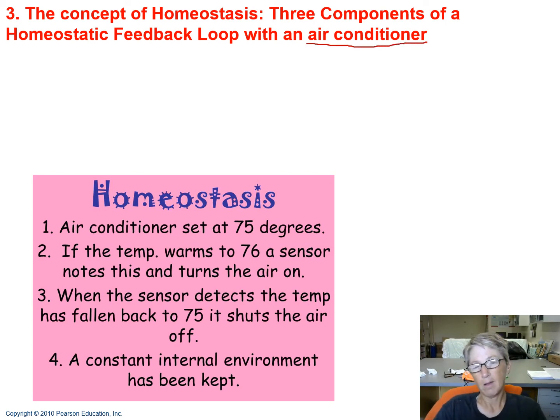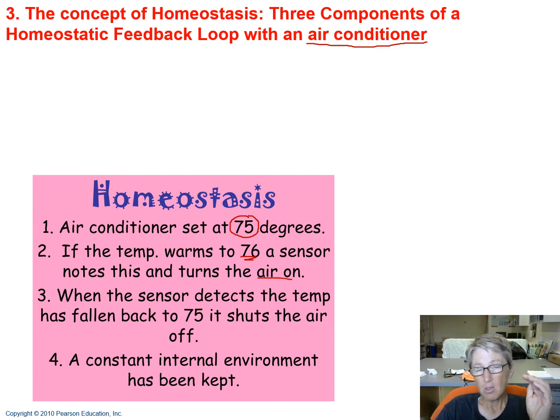So in a homeostatic example, you set your air conditioner to 75 degrees or whatever you like. If the temperature warms up to 76 degrees, there's a sensor that detects that it's getting warm in your house. And this turns your air conditioner on.